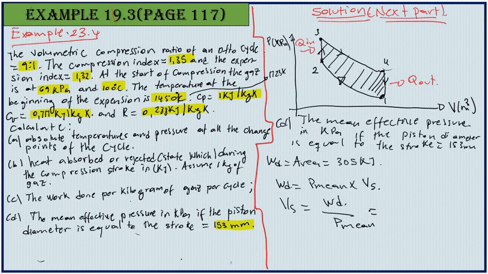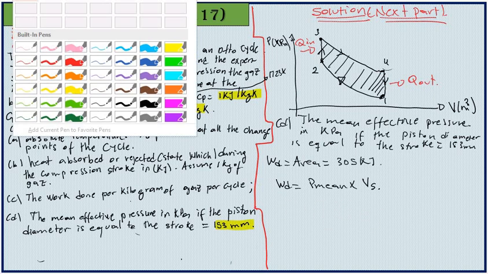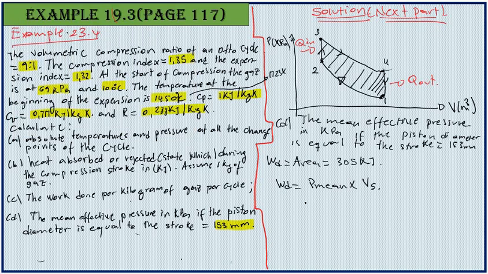The work done represents the area, which is 305. In fact I need to determine the mean pressure, not the swept volume, because I've already determined the swept volume from the values that are given already.